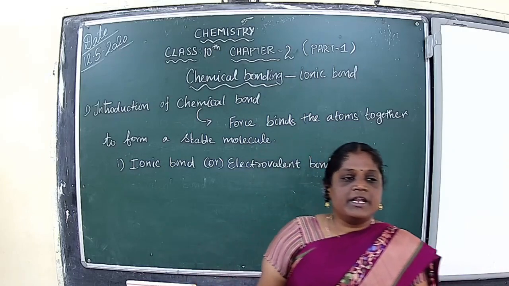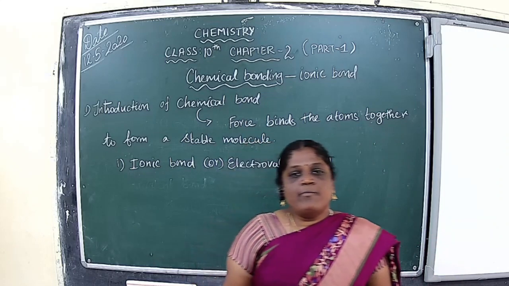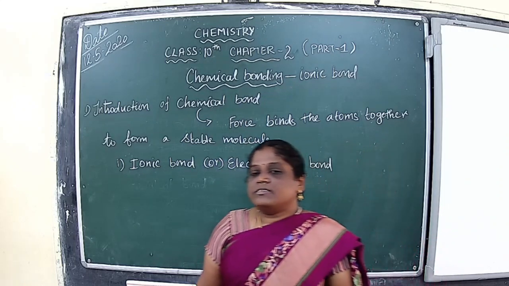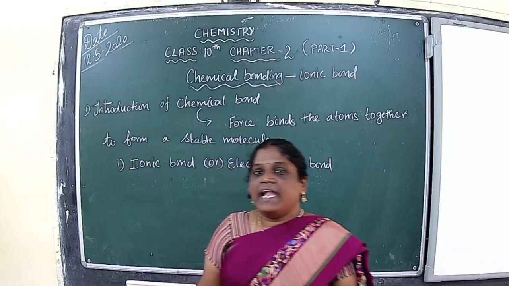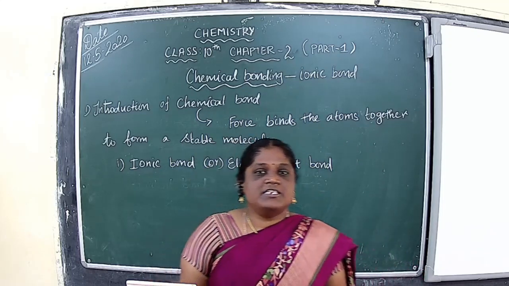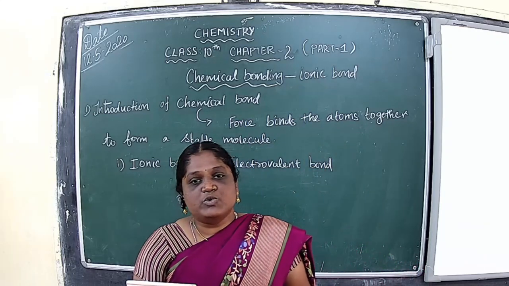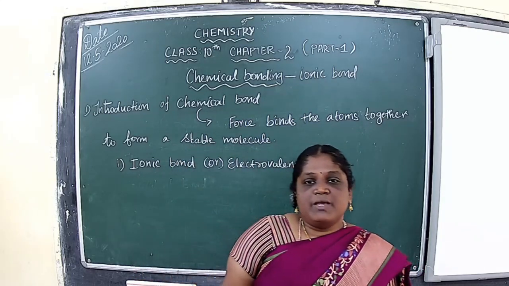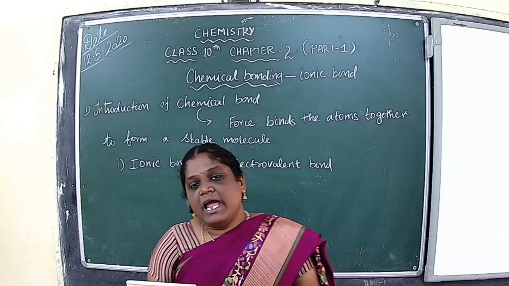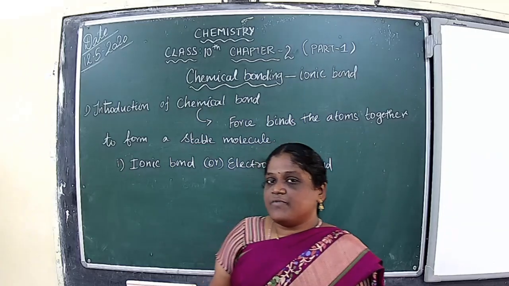Already we said that the redistribution of the electrons between participating atoms may be developed by transfer of the electrons from one atom to another, or by mutual sharing of the electrons between two atoms, which may be similar or different atoms.